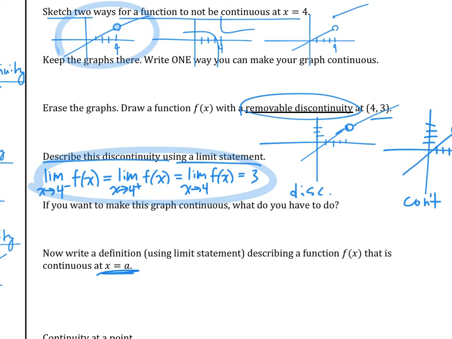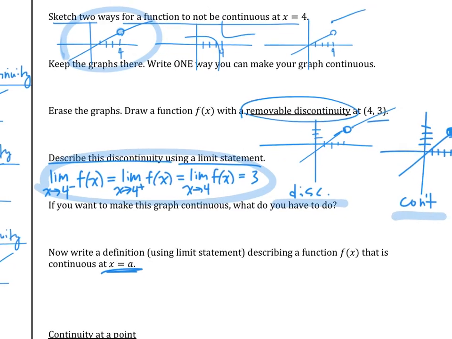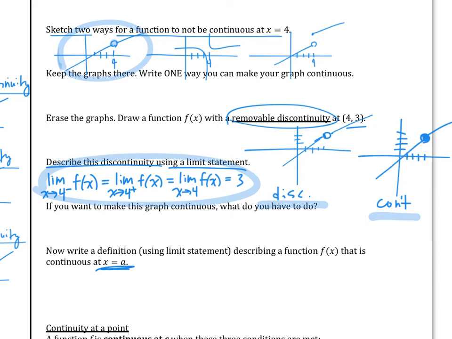So coming to 4 from both sides, the y values for both graphs, continuous or not, are both going to 3. So how would you be able to distinguish one that has a hole and one that does not have a hole? This is the main idea of discontinuity. The similarity is that the limit is the same.